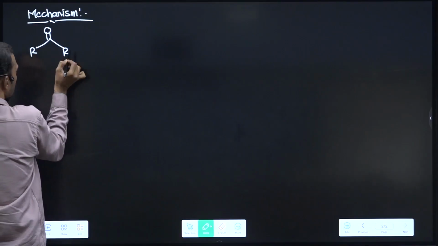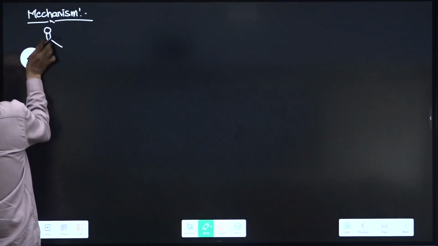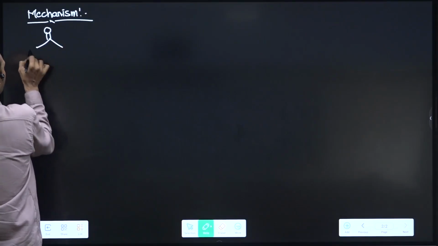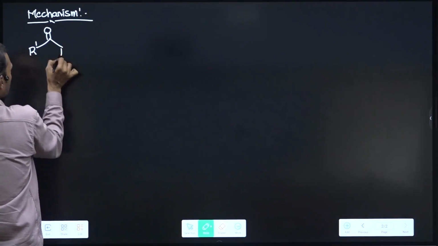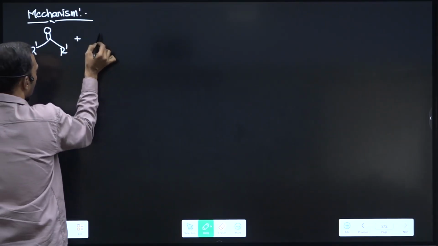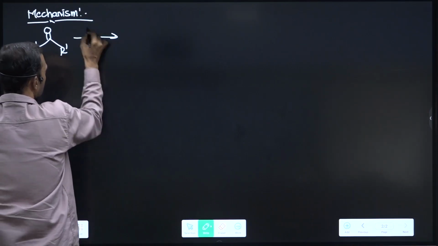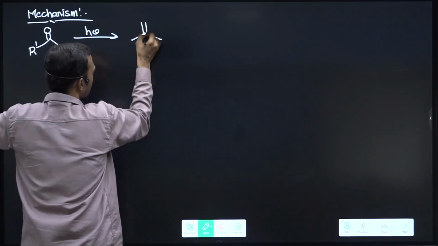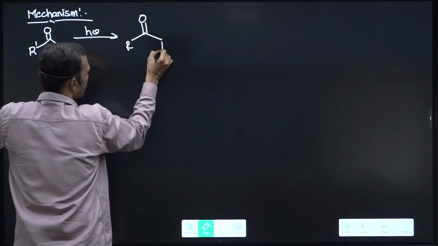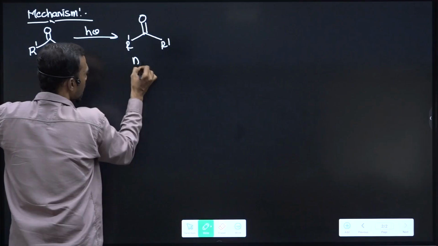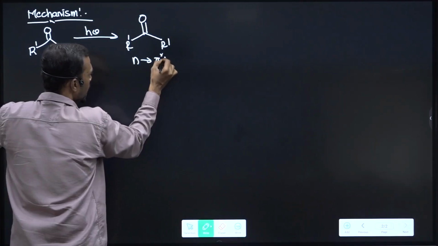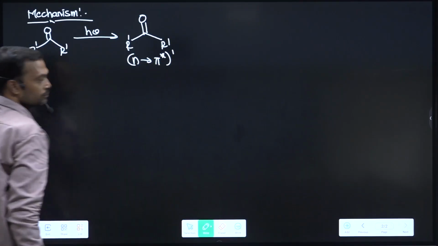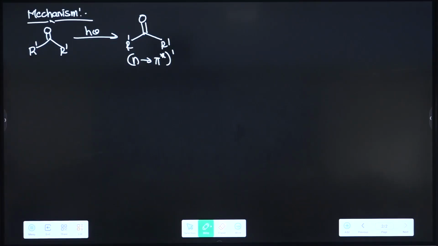This is R and this is R, you write R dash, R dash. Now, on photochemical irradiation, what happens? Initially it undergoes excitation. So what is the state here? n to pi star. What is this? Singlet, n pi star singlet.